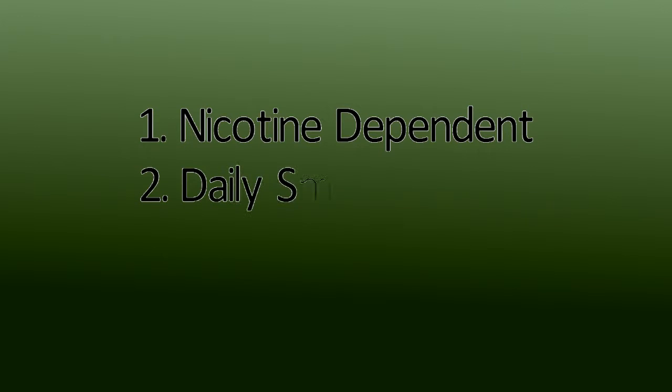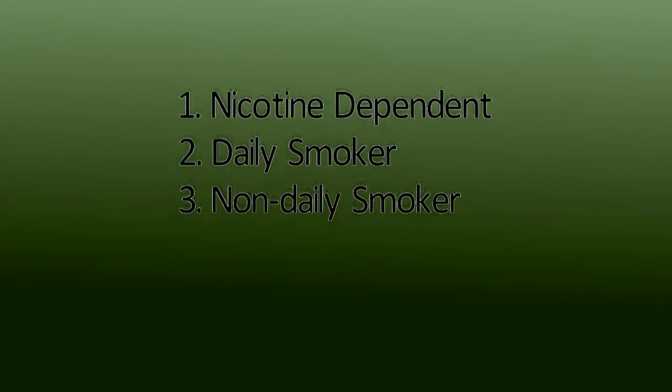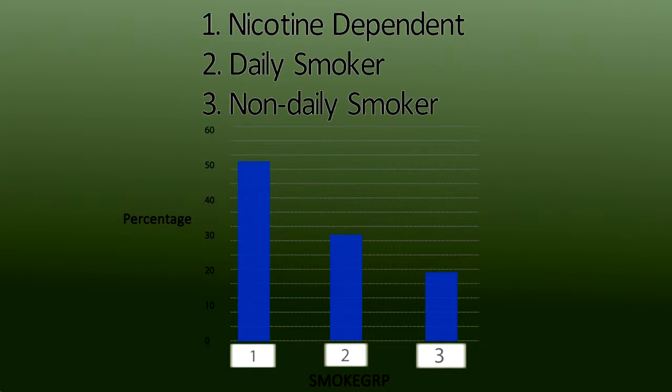This sample can be described with these 3 smoking categories. This univariate bar chart shows that about 50% of the young adults sampled are nicotine dependent, about 30% are daily smokers without nicotine dependence, and almost 17% are non-daily smokers.